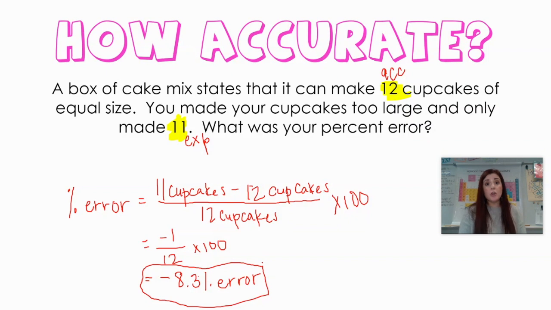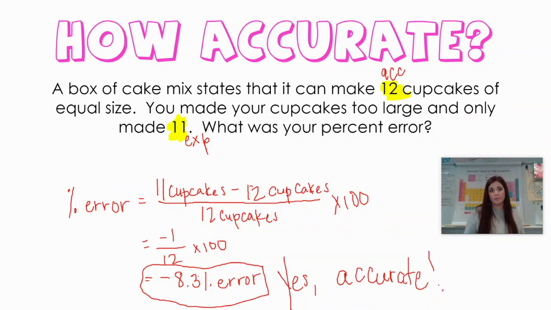So if you consider, were we accurate when we were making these cupcakes? We did get a percent error less than 10%. So we would say, yes, we are accurate in this case. We had a pretty close measurement, enough to say we got the job done. We did what we were supposed to do.